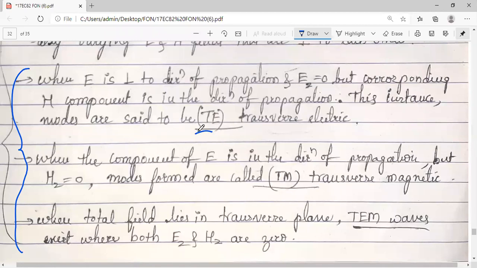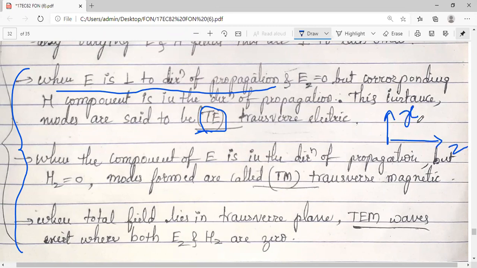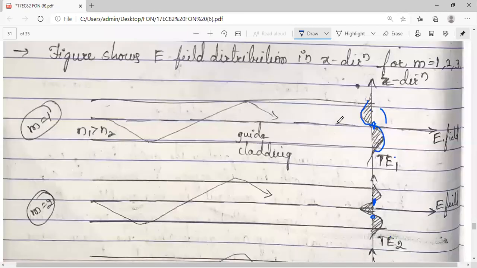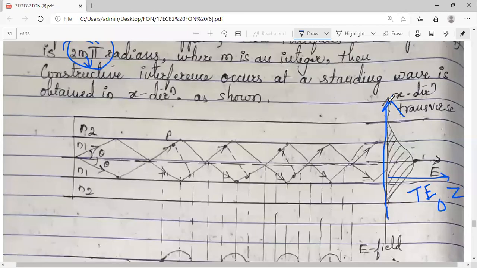How we describe a transverse electric mode is, here the electric field is perpendicular to the direction of propagation. Definitely, if we are propagating the wave in the z direction, obviously we have taken this as x, so it is perpendicular. And the electric field distribution along the z direction is 0. We have observed in the first figure that the field distribution is towards this.